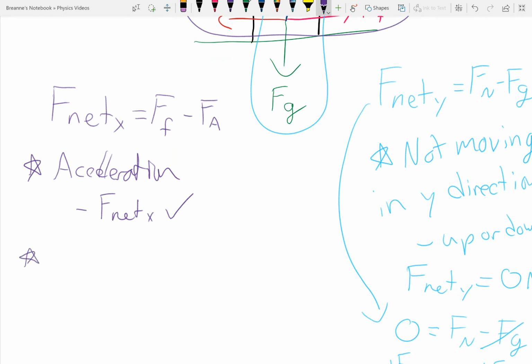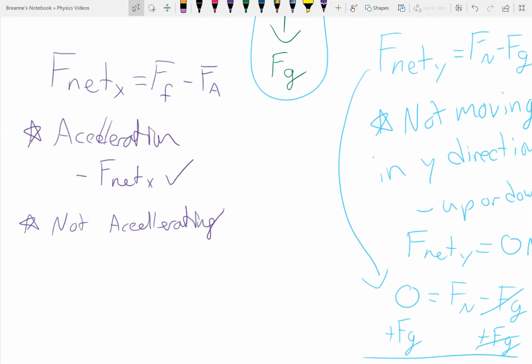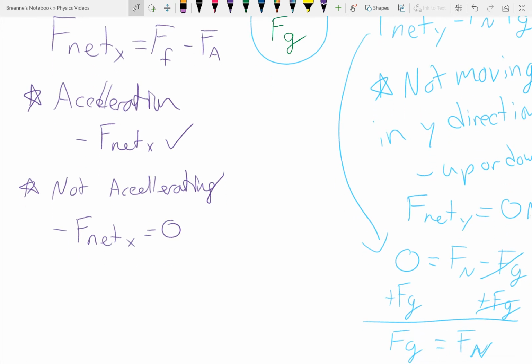But if it's not accelerating, that means your net force in the x is equal to 0. And if it's not accelerating, you have two choices.